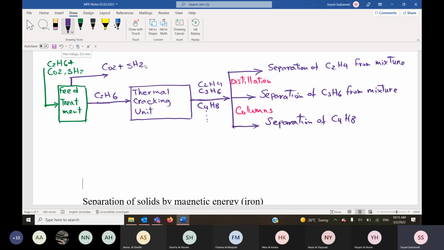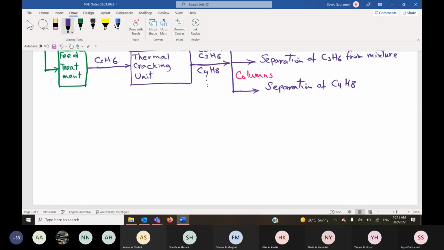So for any separation processing, we need heat and energy and matter for the system.